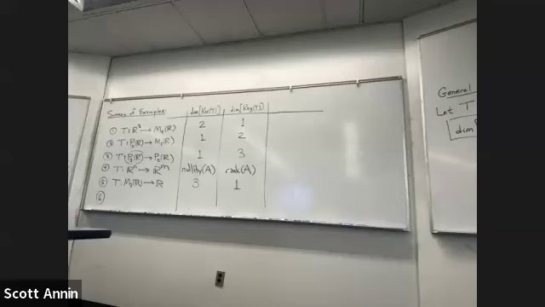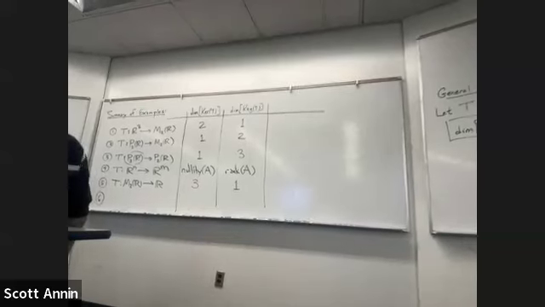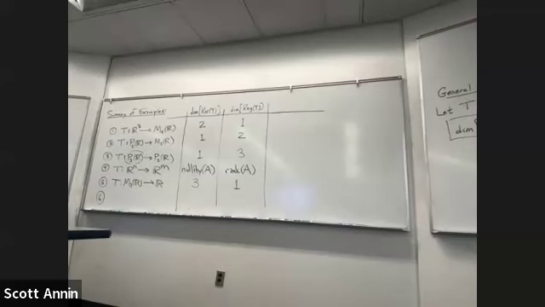Let's do one more and then we'll take a little break. We'll get one more example into our chart here. And then I think we'll be good to go. So here is one more example. This is number 6. I'll probably do this one fairly quickly.